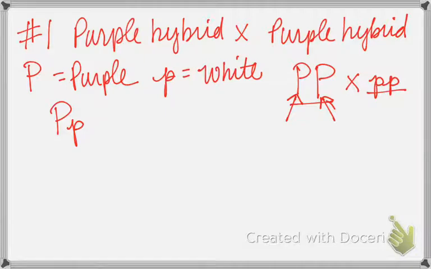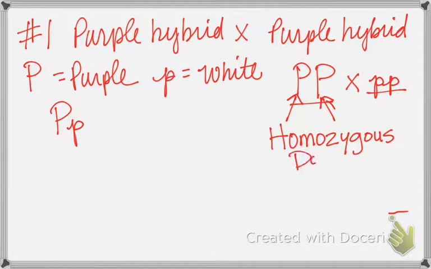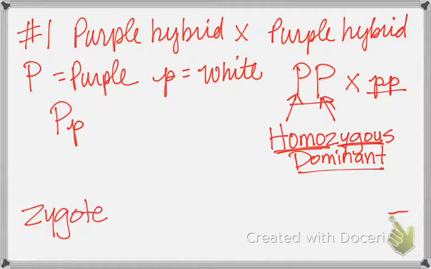So, to be showing big P, this is called homozygous dominant. Now, you understand dominant, right? Yes. Homo means same, and zygous from zygote. Okay, what is a zygote? A zygote is a fertilized egg. Excellent.